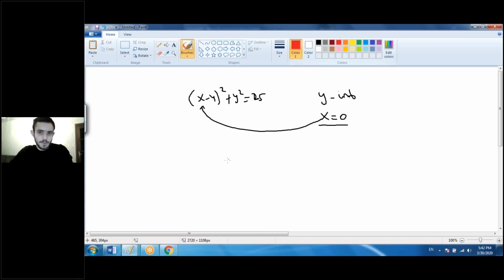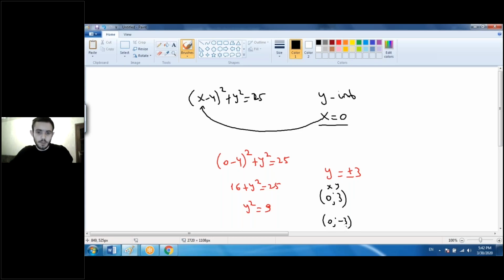I will get 0 minus 4 squared plus y squared equals 25. From this point, I get that 16 plus y squared equals 25, and y squared equals 9. And y equals plus minus 3. It means the first point is 0, 3, x and y, and the second point is 0 and minus 3. That is my answer. It's not that hard.